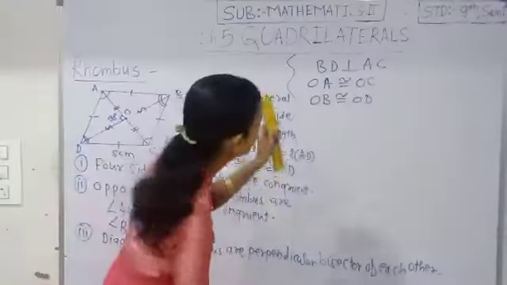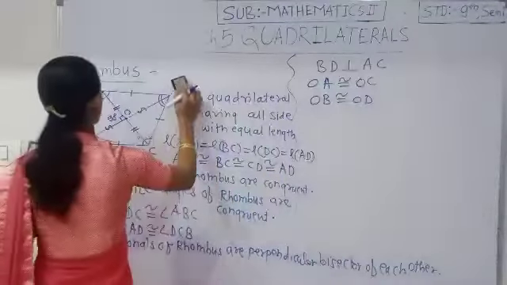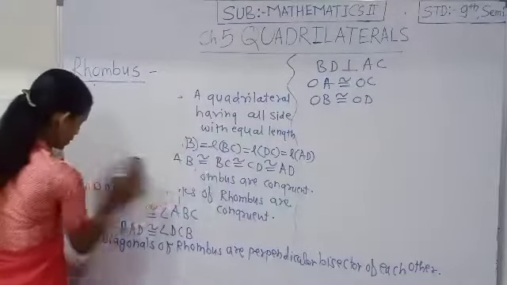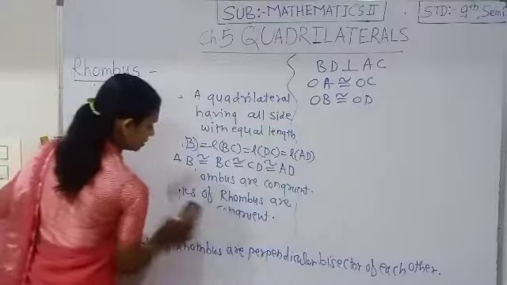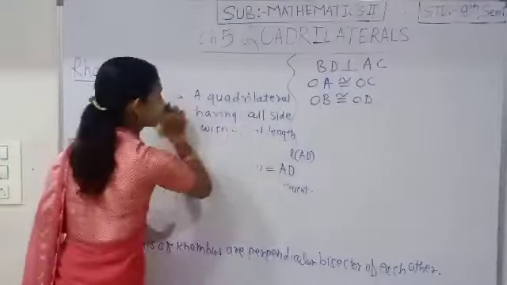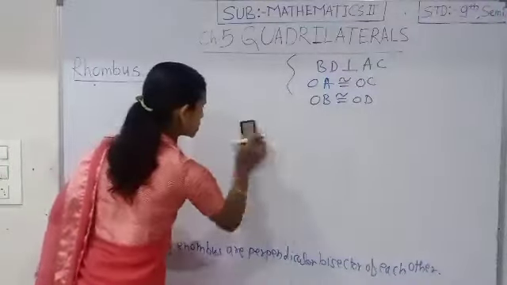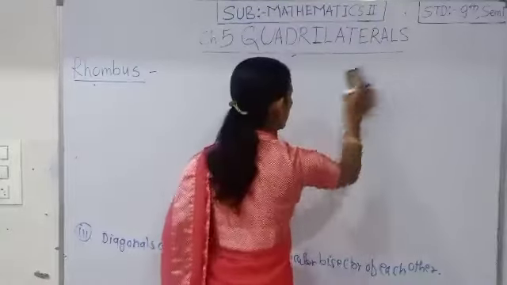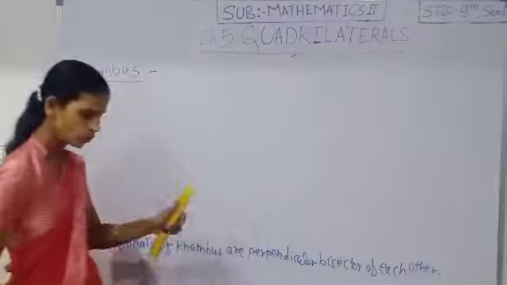One property related to the rhombus we have to prove here: the diagonals of a rhombus are perpendicular as well as bisectors of each other.